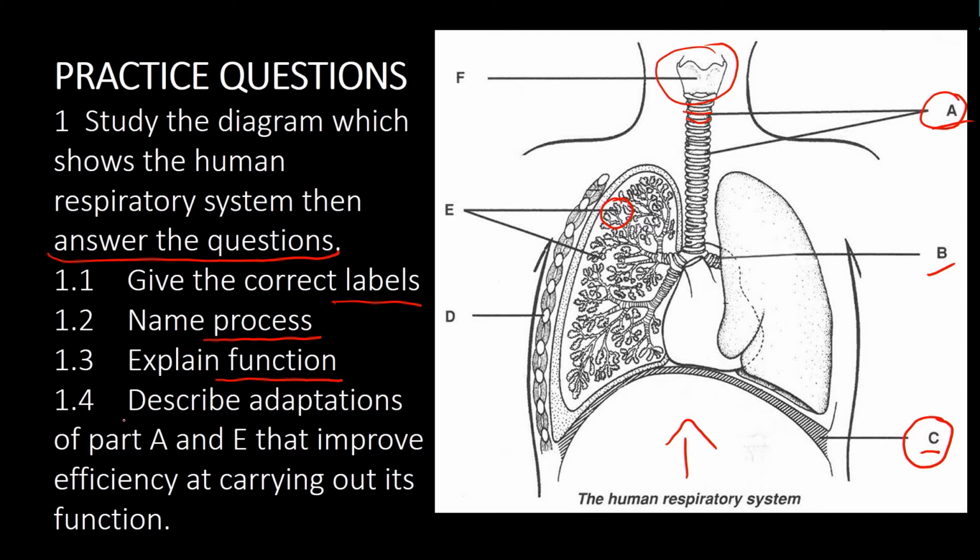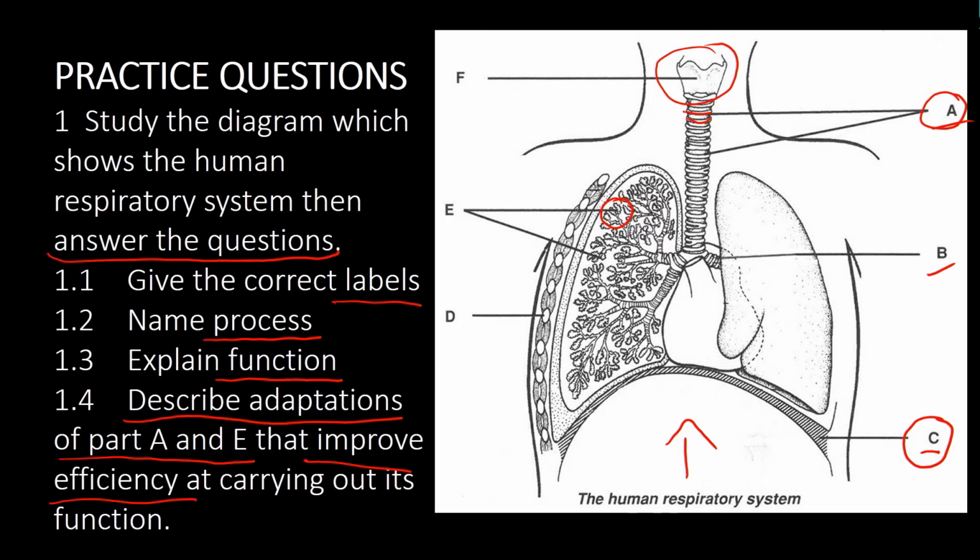Okay, then often right near the end is adaptations. Okay, and this is the adaptations of part A and E that improve its efficiency at carrying out its function. Okay, and for A, it would obviously be the cartilage rings that hold it open, and the cilia and the mucus, which trap the dirt. E, which is the alveoli here, and here you would talk about how the alveoli are adapted.